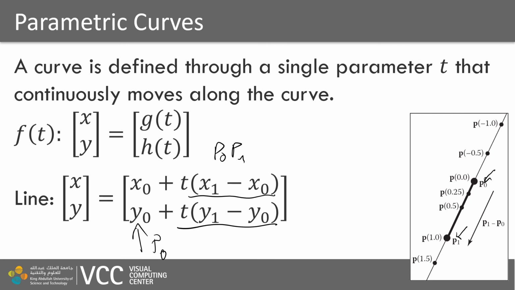So for t equal to 1 we get the point P1. What will be the result if t is 0.5? In such a case, we go from the point P0 halfway towards P1. So we end up at this point.